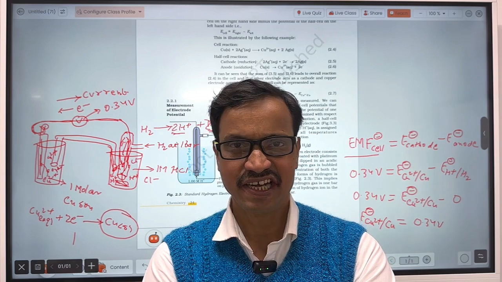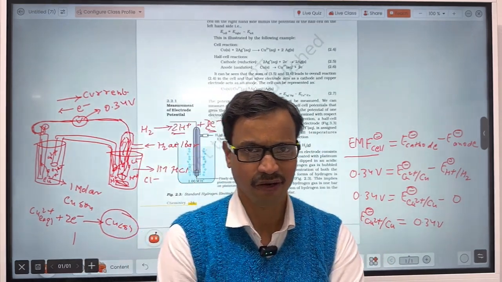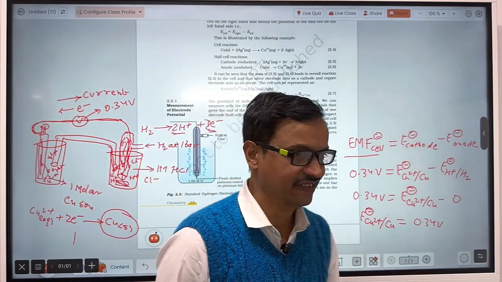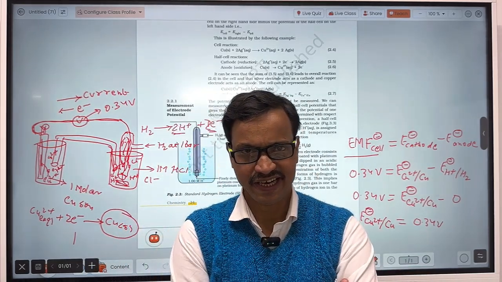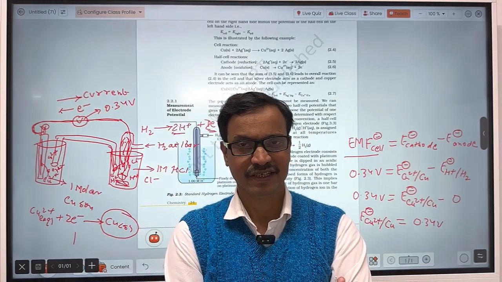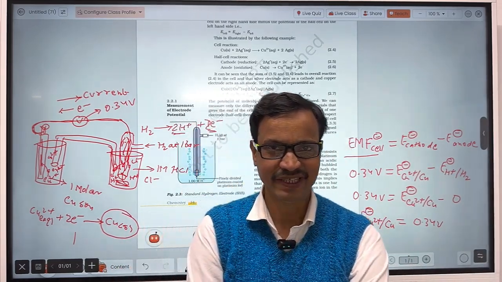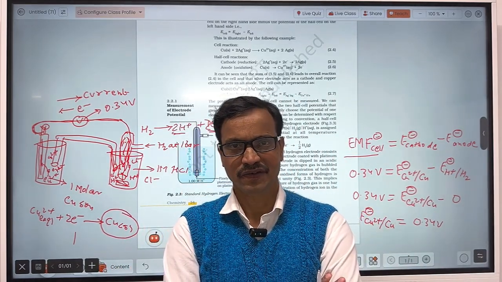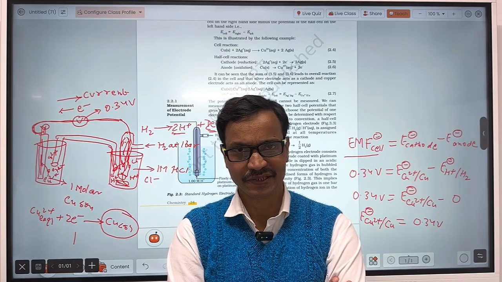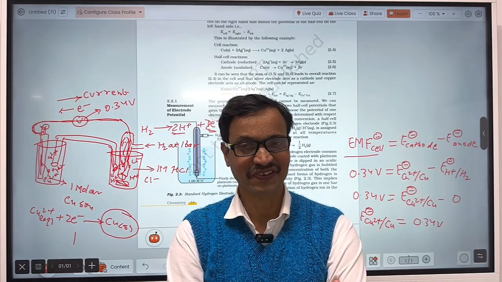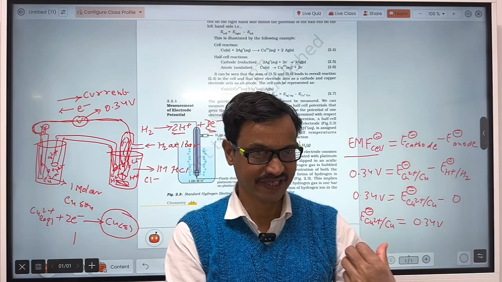So if the standard electrode potential of a particular electrode is positive, that means the taken electrode will have greater tendency to gain the electron. That means it will have greater tendency to get reduced compared to that of hydrogen.